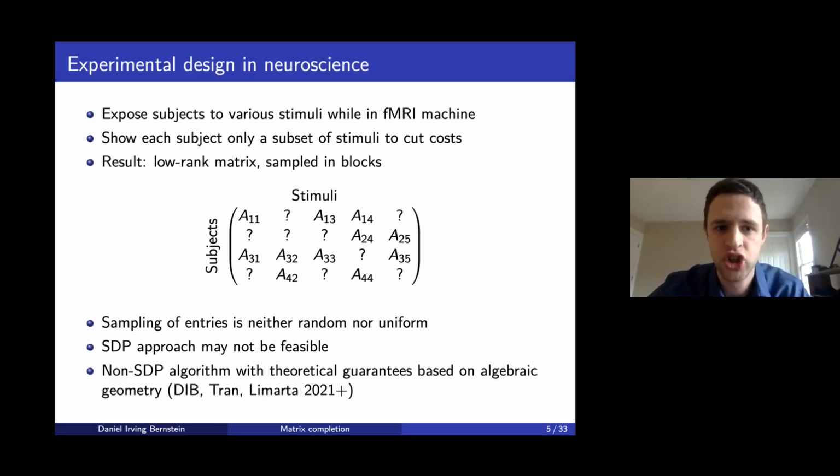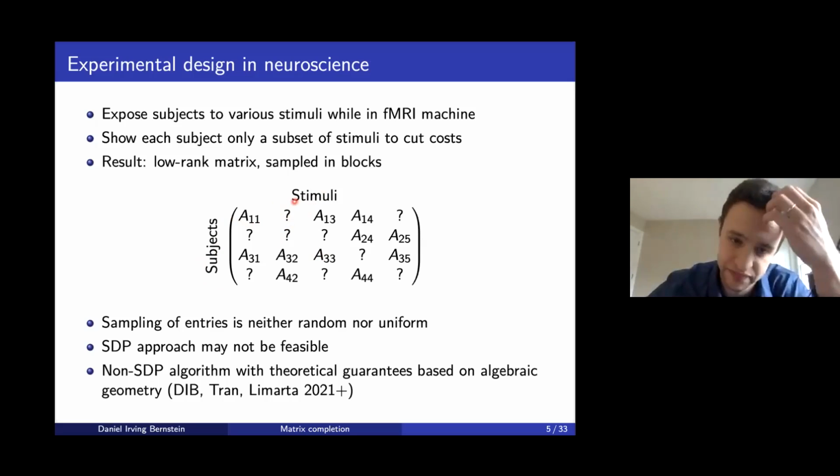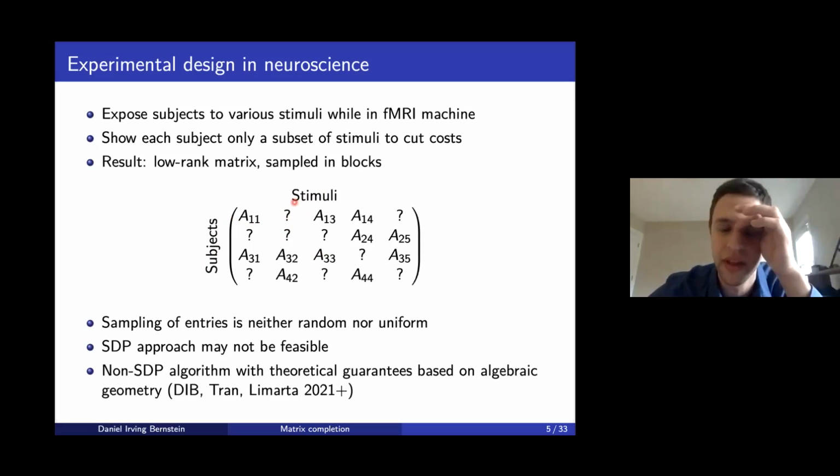They show each subject only a subset of stimuli to cut costs. The goal is to fill in missing entries in a principled way, so that when you don't show a particular subject a particular stimulus, you can infer how their brain would have reacted.